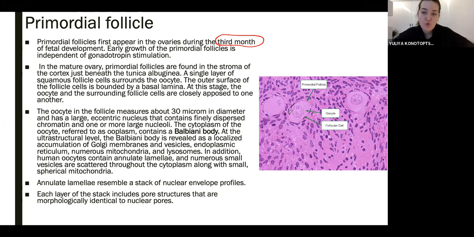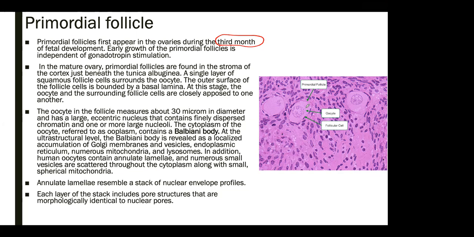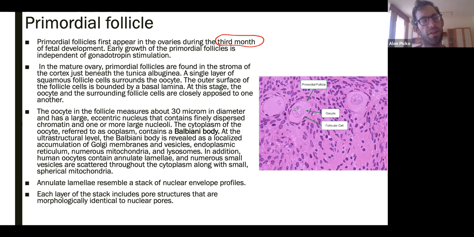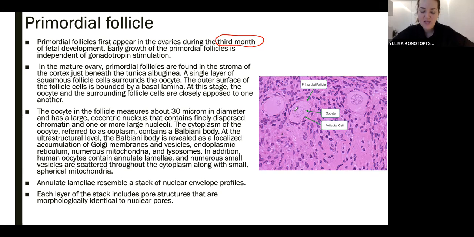Could you tell me which oocyte is sitting here? Primary oocyte, very good. And the primary oocyte, how many chromosomes does it have? Is it diploid or is it haploid? Primary is diploid because it is entering into meiosis.